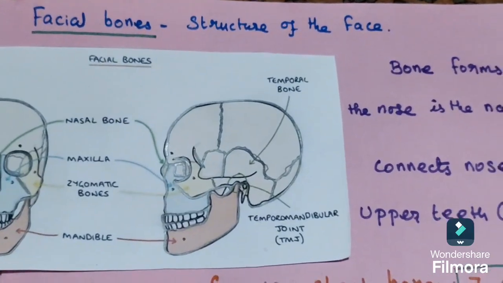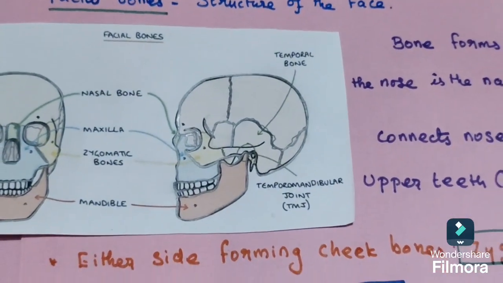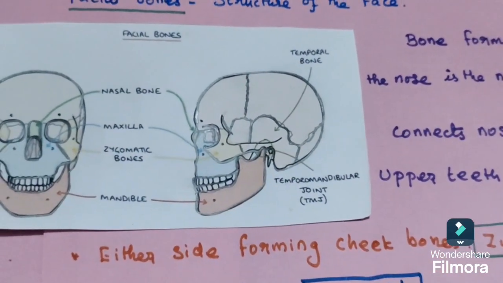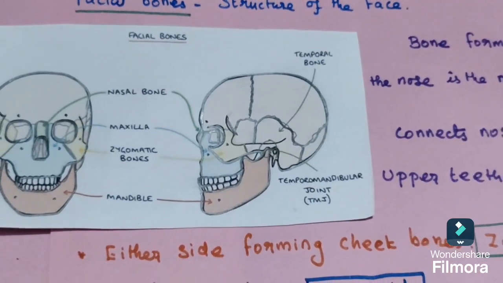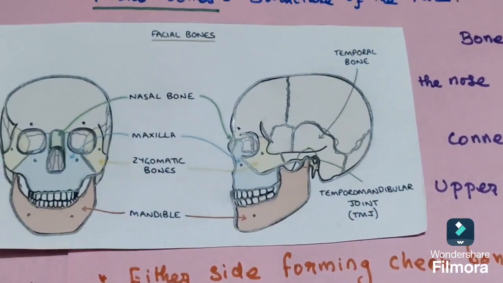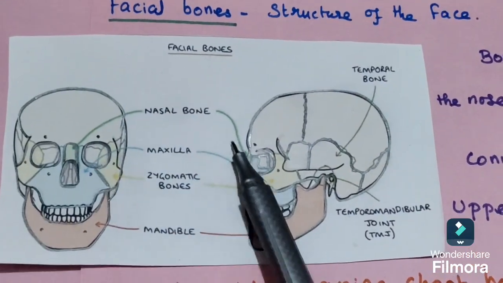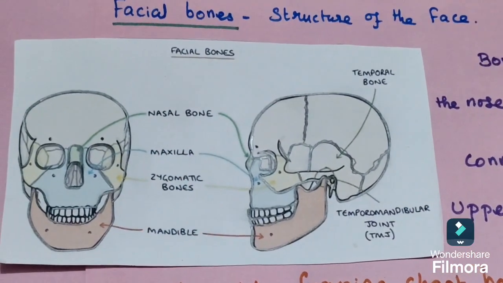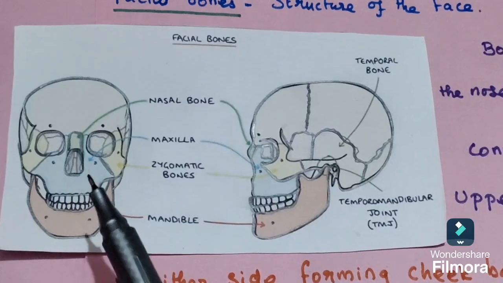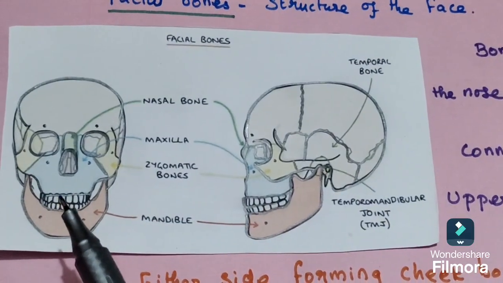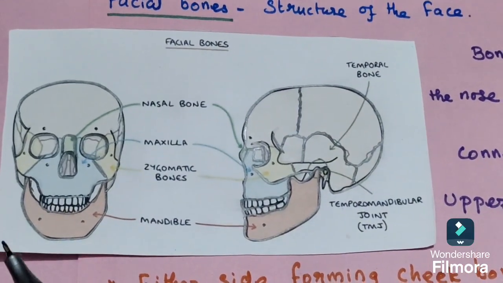The facial bones form the structure of the face. The bone that forms the bridge of the nose is the nasal bone.